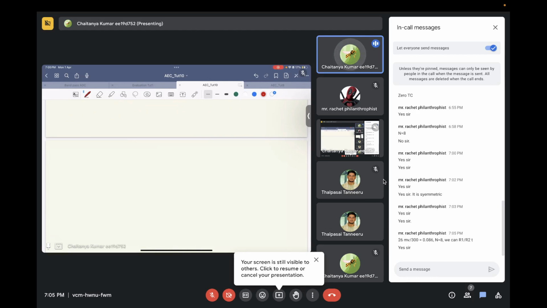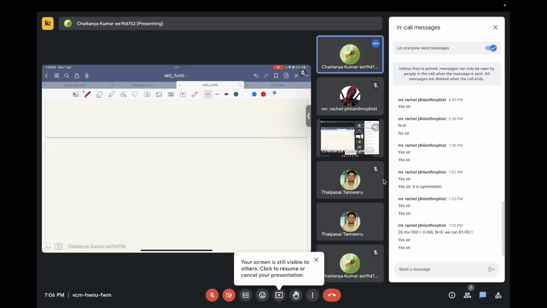You know the value of 8, and the ln of 8 is basically 3 times ln of 2, and ln of 2 is around 0.3. So ln of 8 will be 0.9. You know K by Q and ln of 8, and this multiplied by R1 by R2 is equal to 2 millivolt per Kelvin. So from there you can find out the ratio R1 by R2.